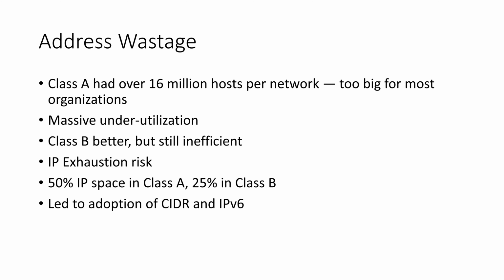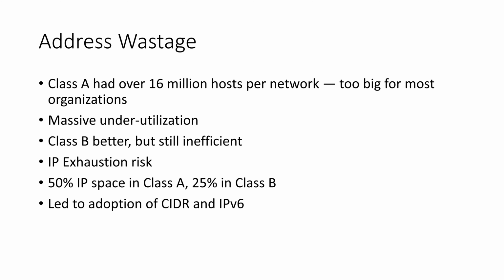So the problem with the original classful addressing system was massive IP address wastage. Class A addresses, for example, could support over 16 million hosts per network, which no organization actually needed. As a result, most of those addresses went unused. Class B improved things, but still allowed for over 65,000 hosts per network. Again, too large for many organizations.